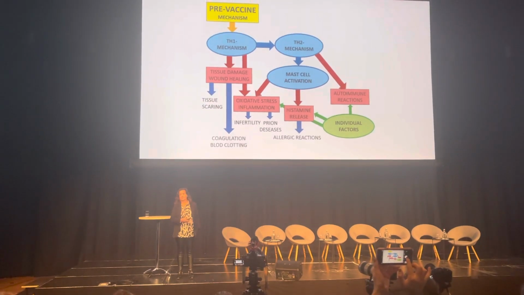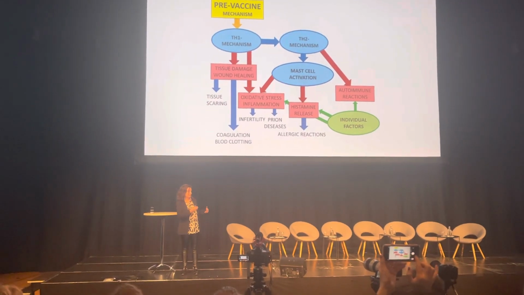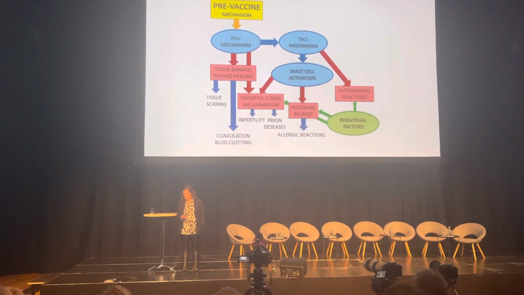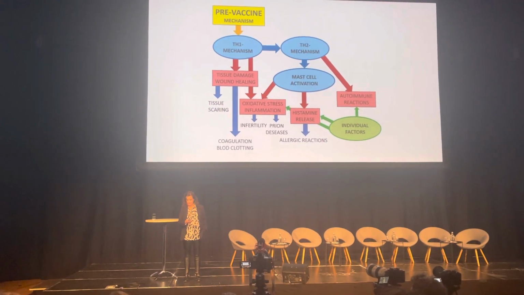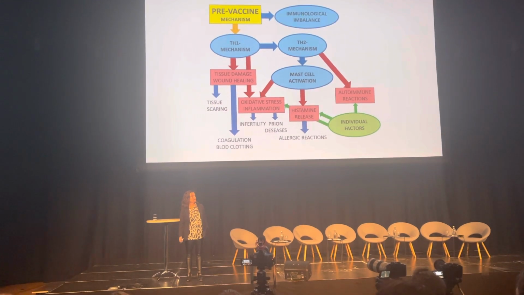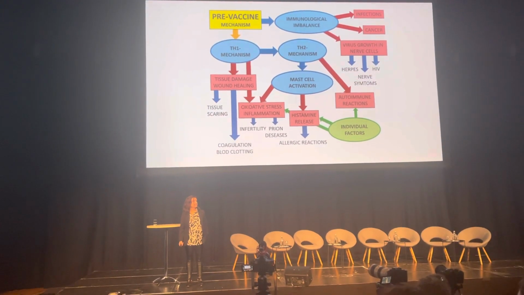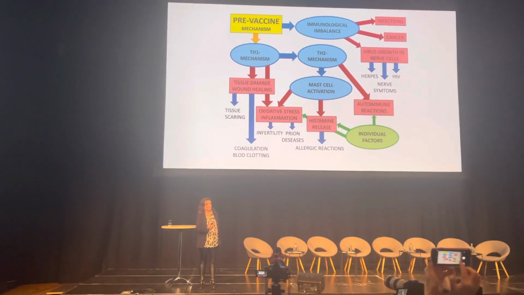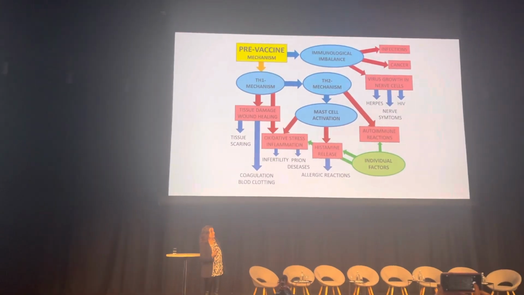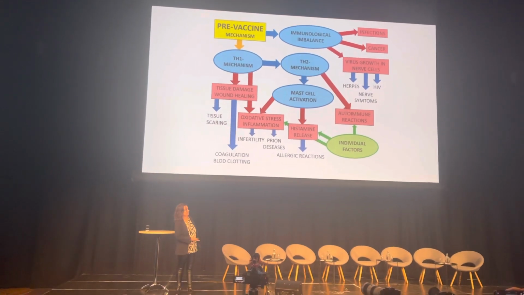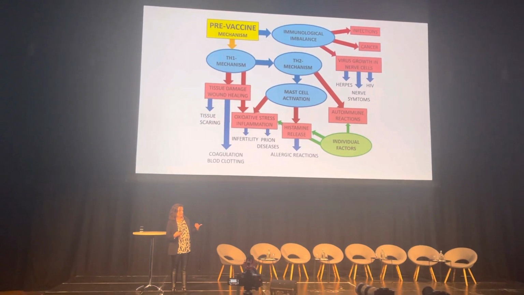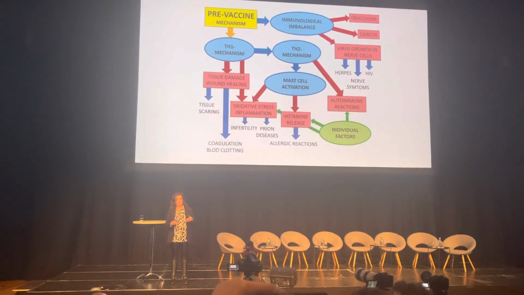Of course, individual factors affect this system, such as what kind of genetics you have. It's different, because there is a very large individual factor here. And you have the immunological imbalance, with maybe a higher risk for infections directly after your injection. You will have a higher risk for cancer development and probably growth of viruses in your nerve cells, where they can hide because they are not killed.